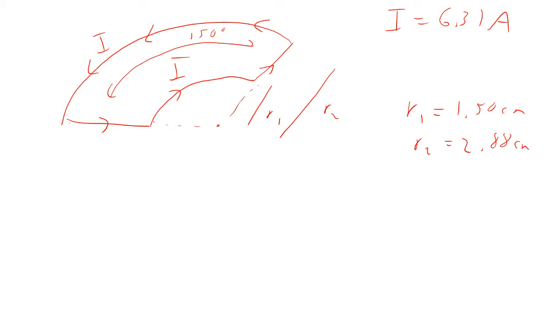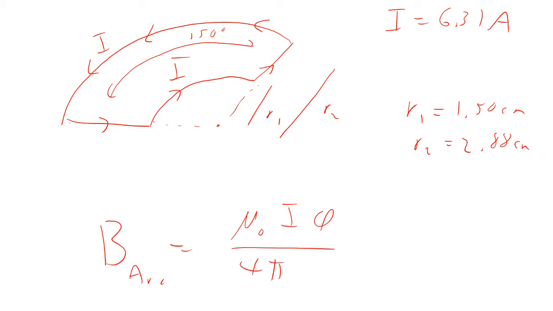Well, once again, we know the magnetic field of an arc is going to be equal to mu naught I phi over 4 pi times r. So what we want to do is say, okay, the mu naught, the I, we got the r's given to us.